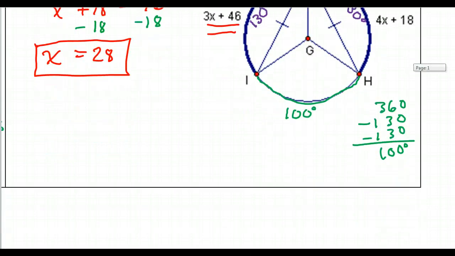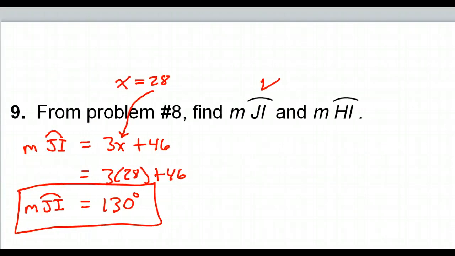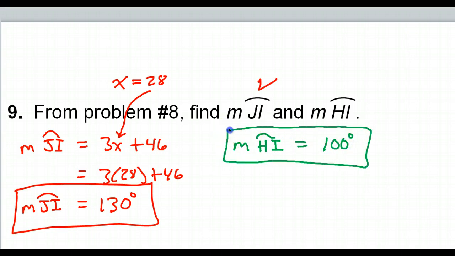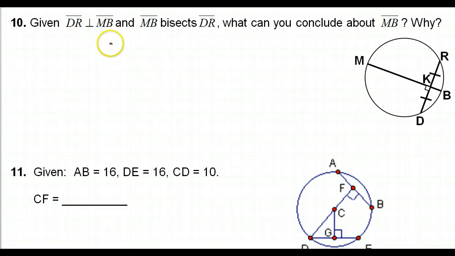So that is the answer to the rest of it. Okay, so the measure of arc HI is therefore 100 degrees. That's number 9.